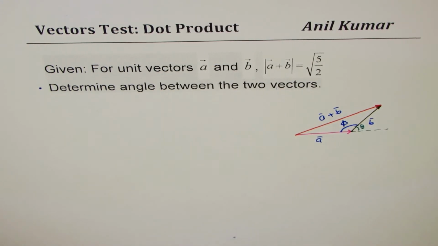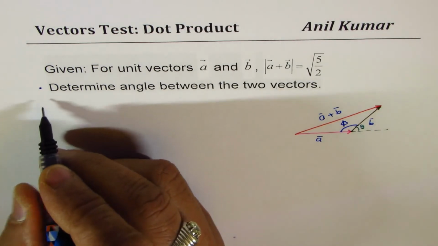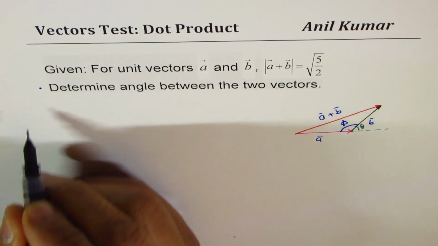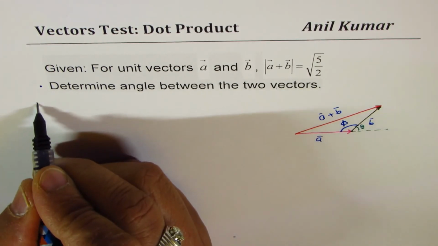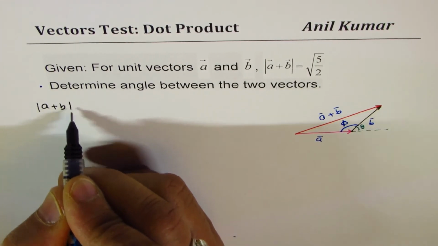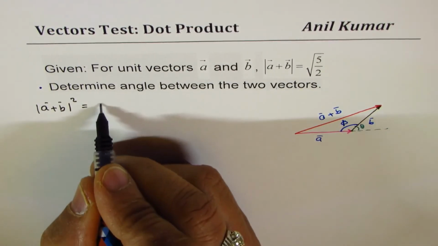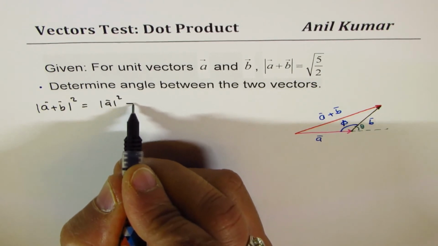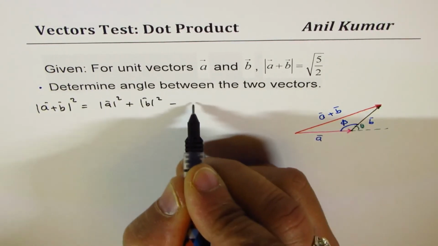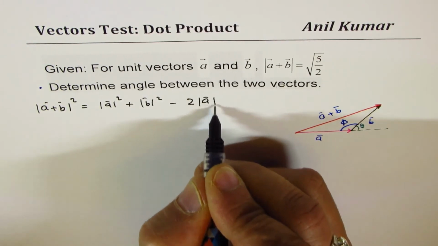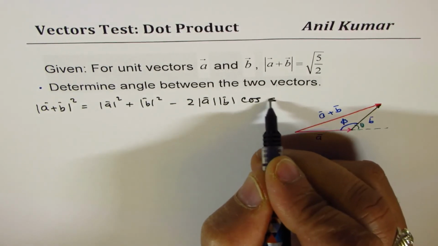Okay. Now, from here, using the cosine law, we can write down that the magnitude of a plus b whole square is equal to a square plus b square minus twice ab cos of the angle between them, which is phi.